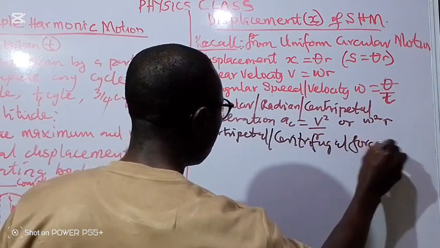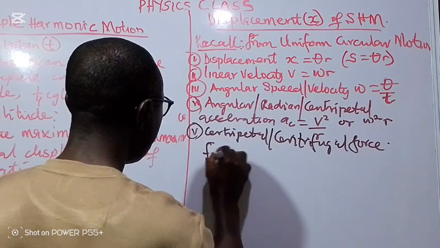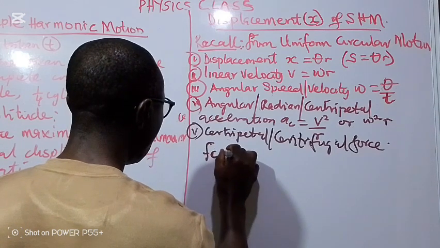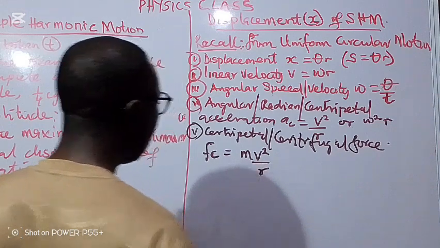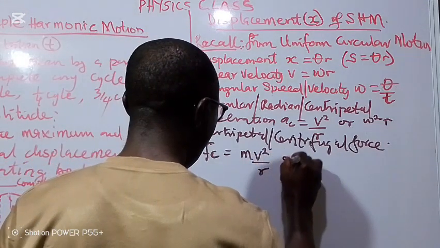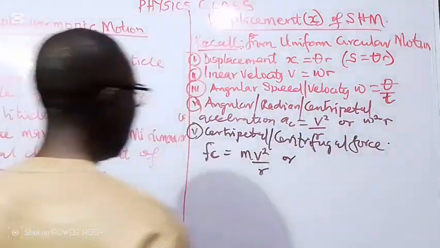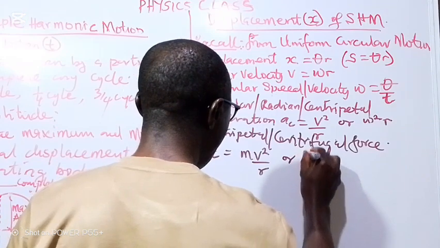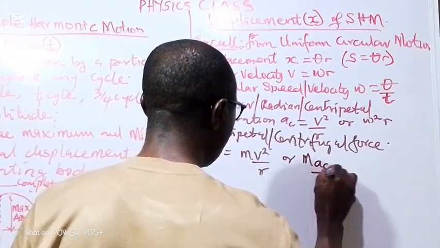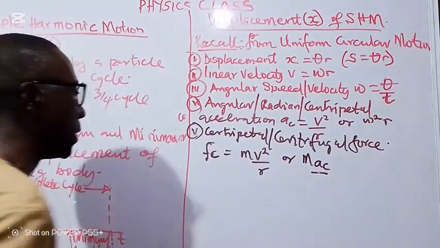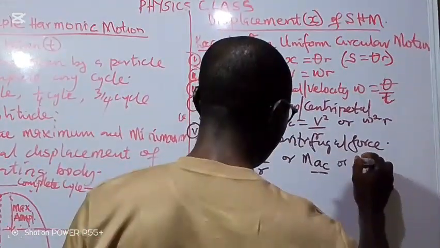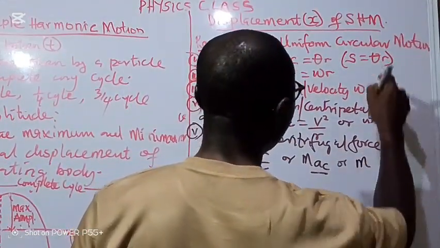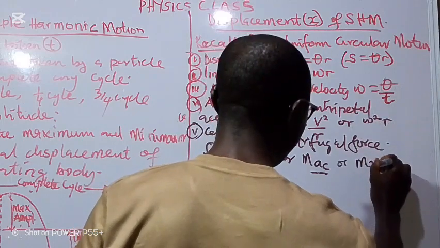That is, Fc is equal to mv square over r, or you can say m a_c, where this a_c is centripetal acceleration, or m omega square r.